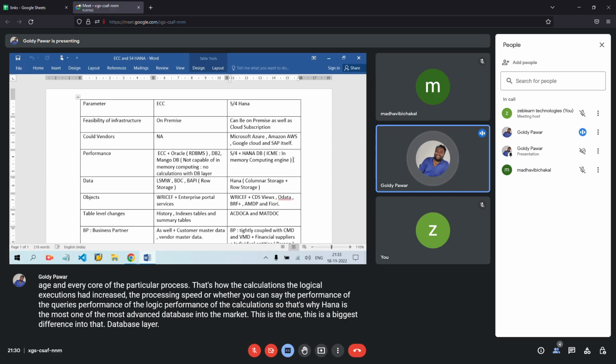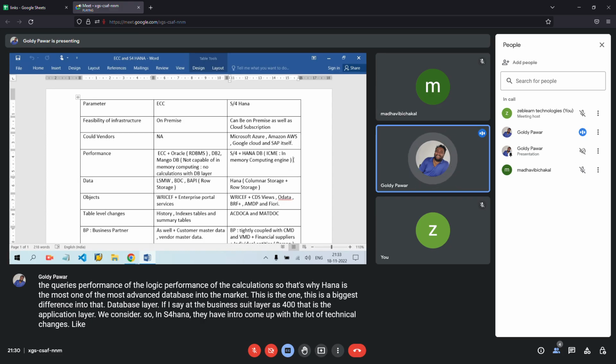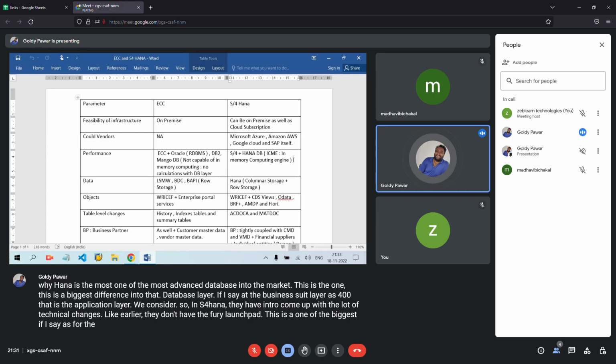At the business suite layer, S/4HANA, which is the application layer, they have come up with a lot of technical changes. Earlier they didn't have the Fiori launchpad, which is one of the biggest changes from the end user perspective.